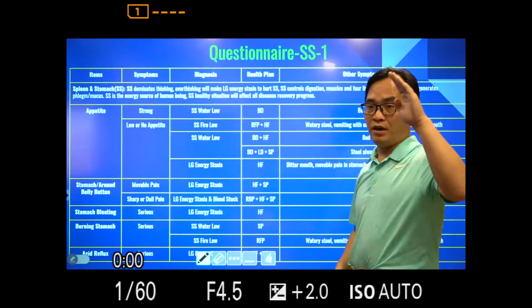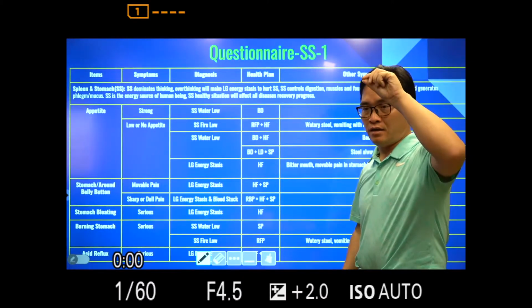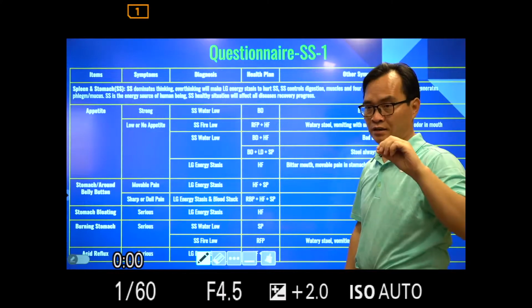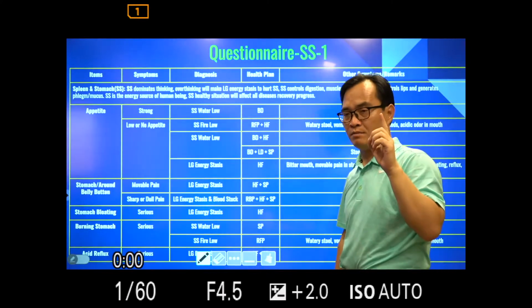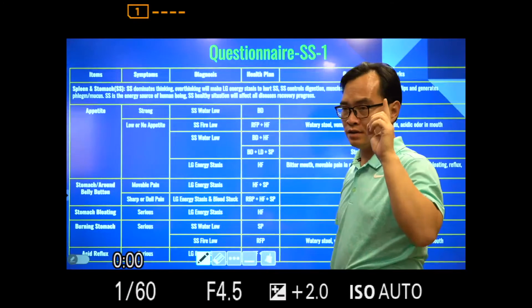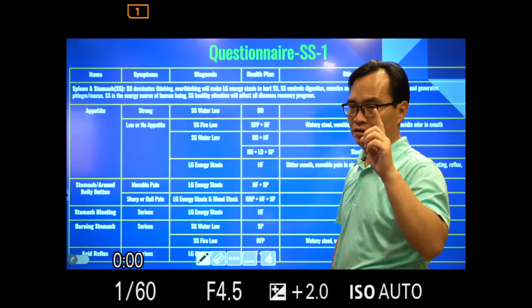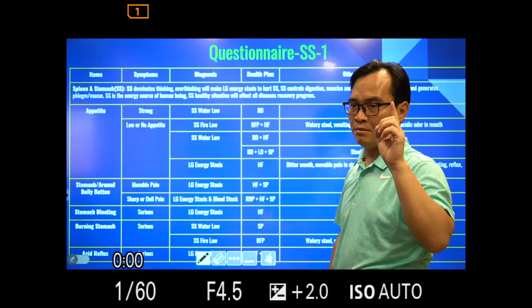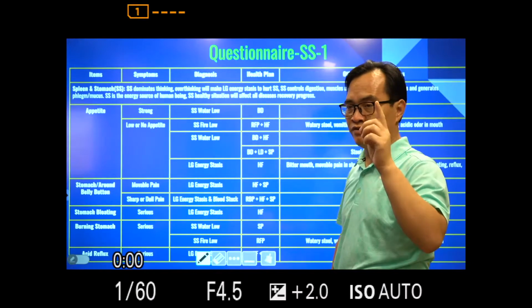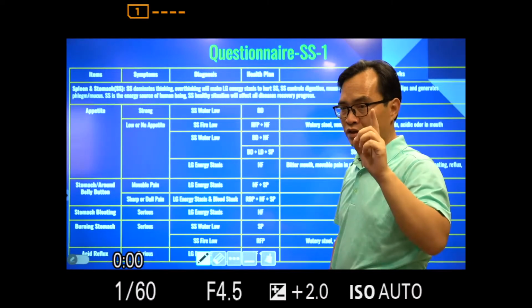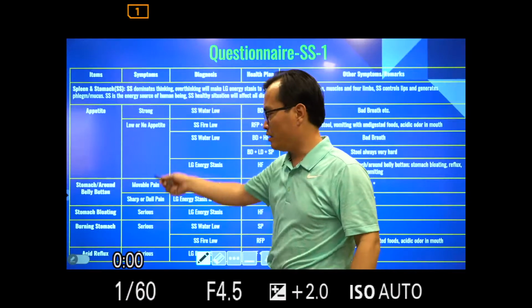Remember, when we explain the questionnaire from the first symptom until the end, there are some symptoms for confirmation and some just for reference.